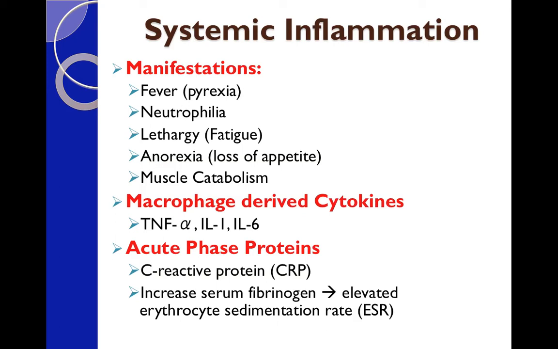What also ends up happening with these acute phase proteins is it increases the serum fibrinogen, which is a way of measuring the erythrocyte sedimentation rate. The more fibrinogen you have, the quicker the red blood cells will sediment if you spin them in a centrifuge. So if you have a higher ESR, then it indicates that there's inflammation somewhere.